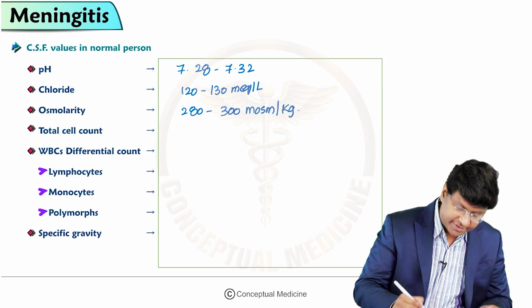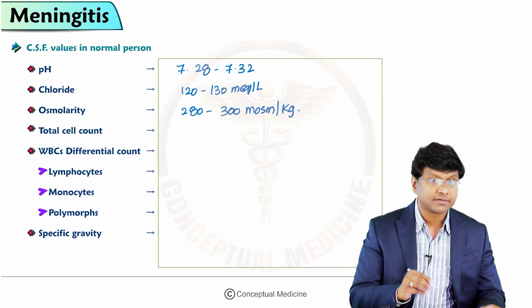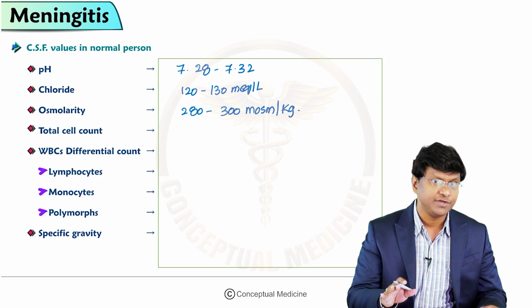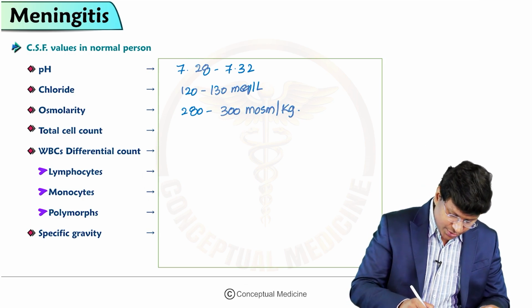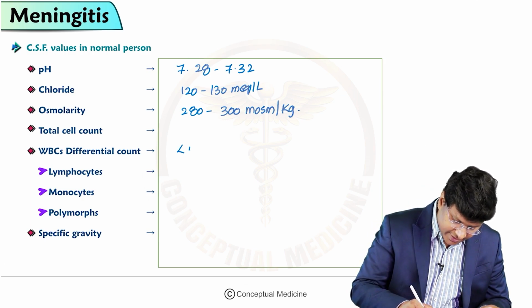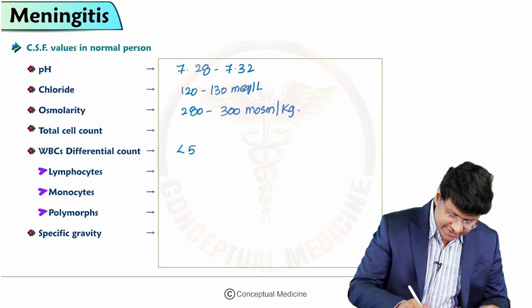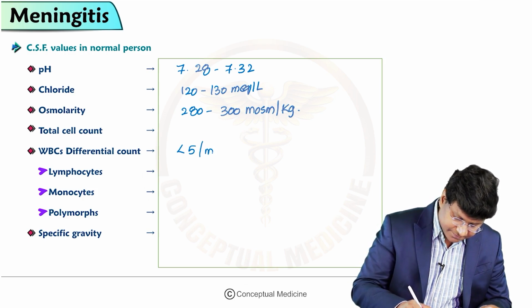Right, 280 to 300 milliosmoles per kg. And the total cell count: most of the time the CSF is free of cells, or if at all, you can have white blood cells, and that will be less than 5 cells per cubic millimeter.